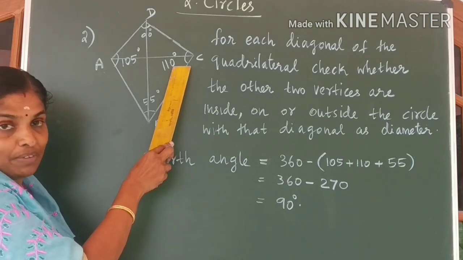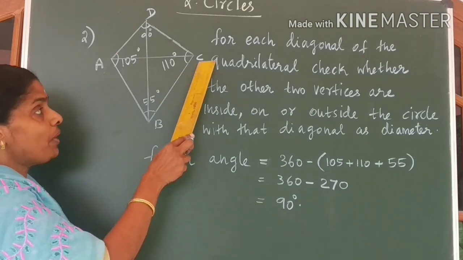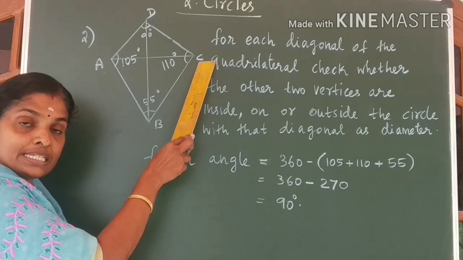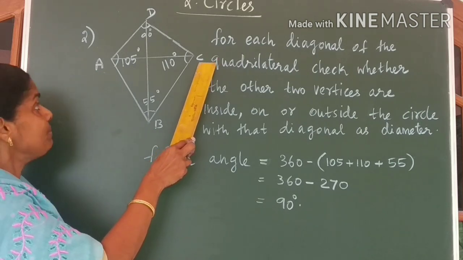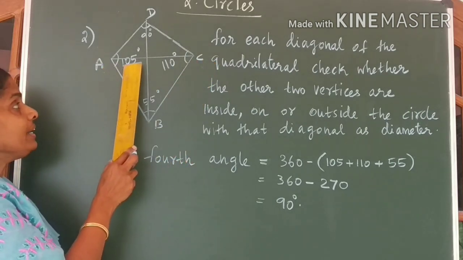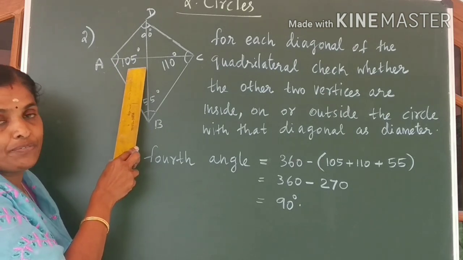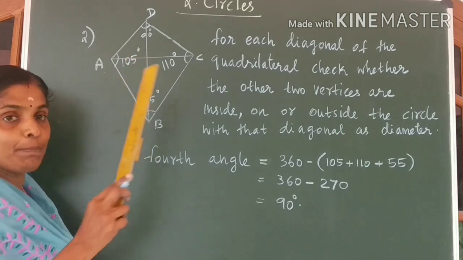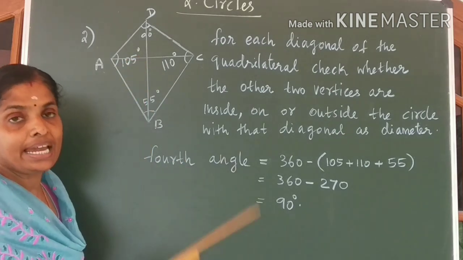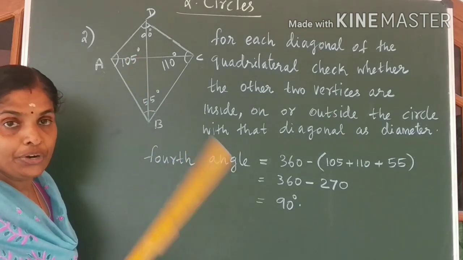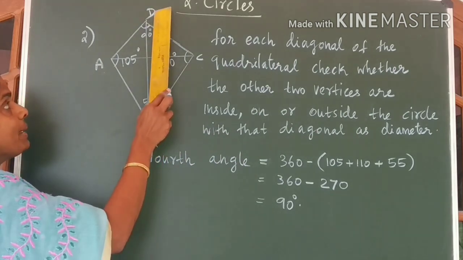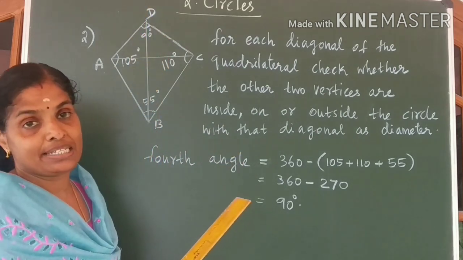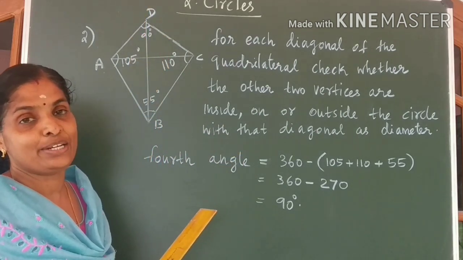If the angle is 110 degree, this point C will be inside the circle. Similarly, angle A is equal to 105 degree, and so this point A will be also inside the circle if you draw a circle with BD as diameter. Hope the idea is clear to you.